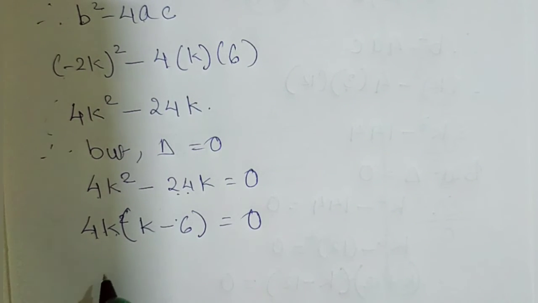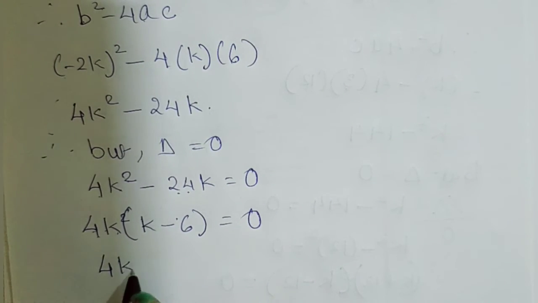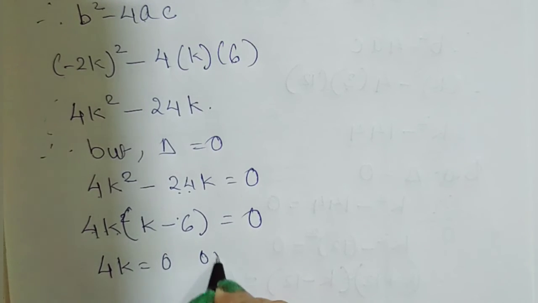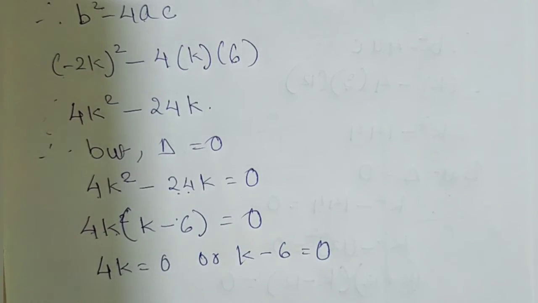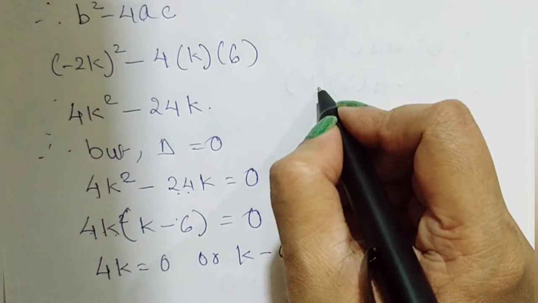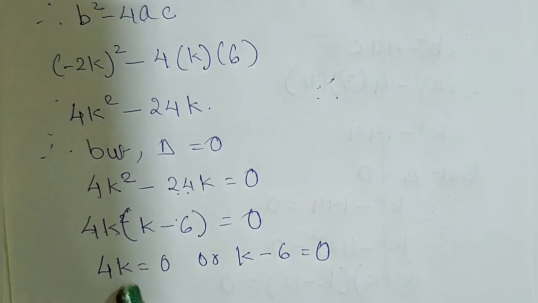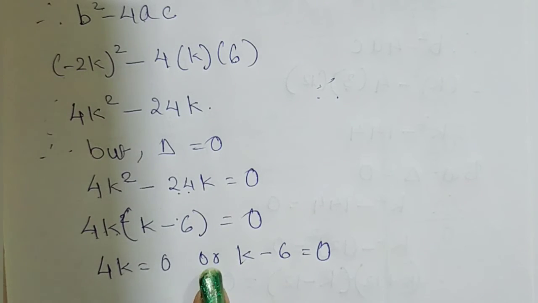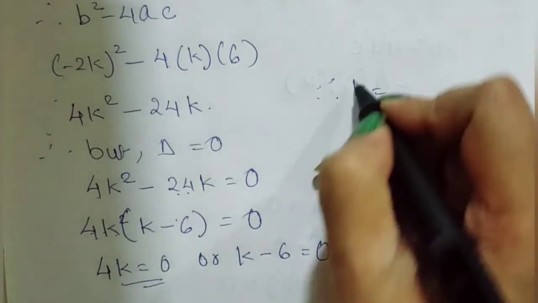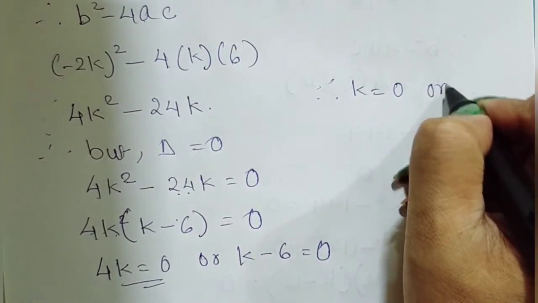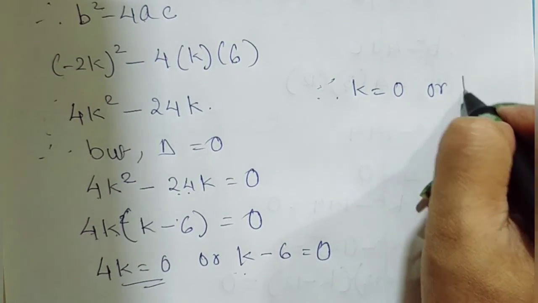Now here we can write 4k is equal to 0 or k minus 6 is equal to 0. I'm writing here, therefore 4k equal to 0 we have written and k minus 6 is equal to 0 we have written. Now here k value is what? 0, or here k value is 6.